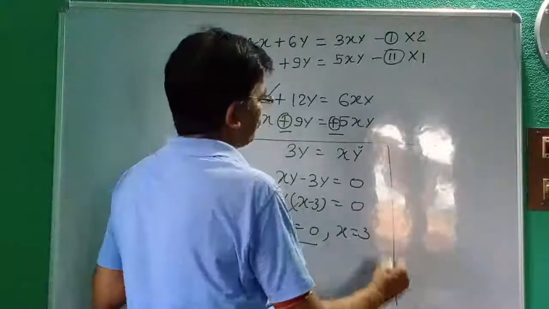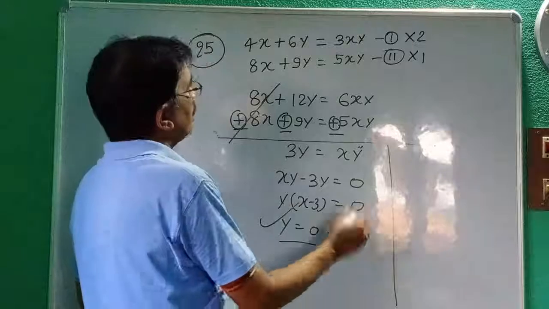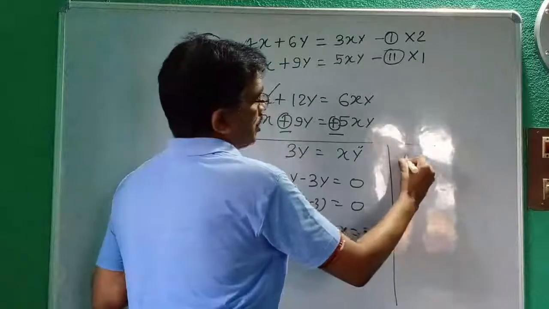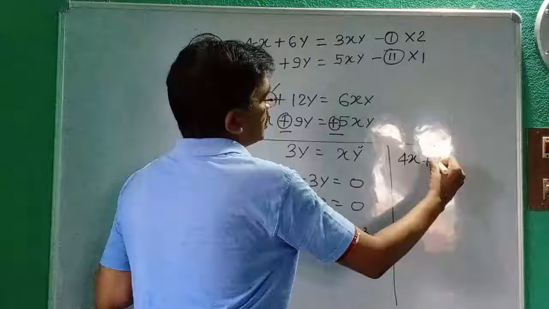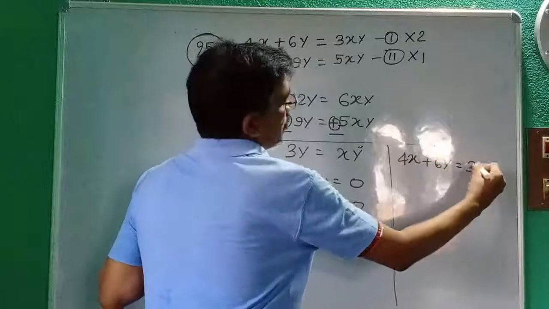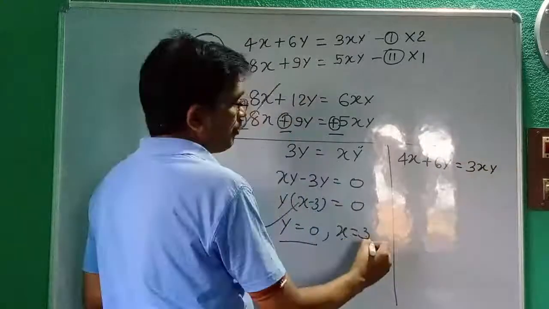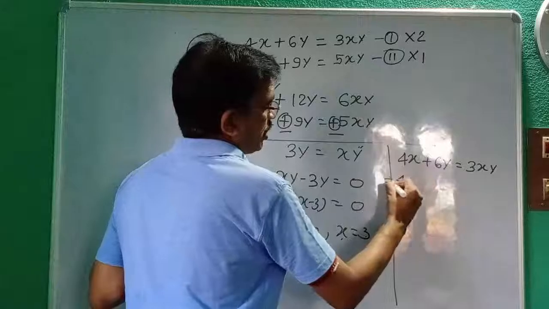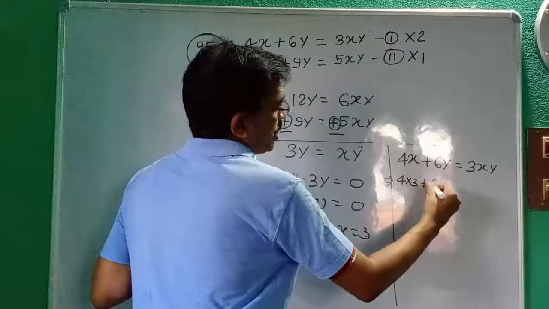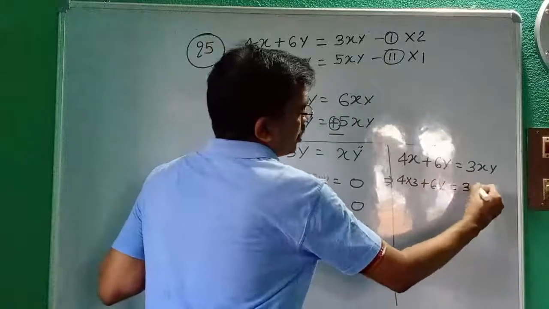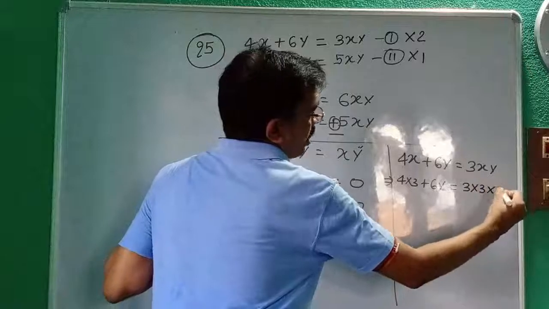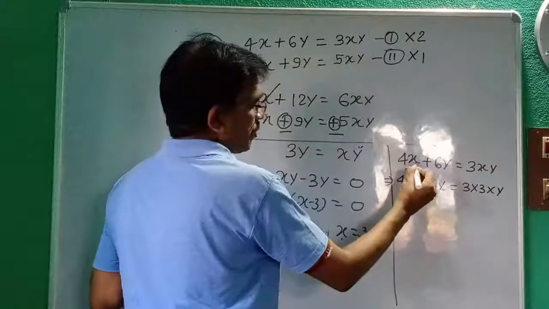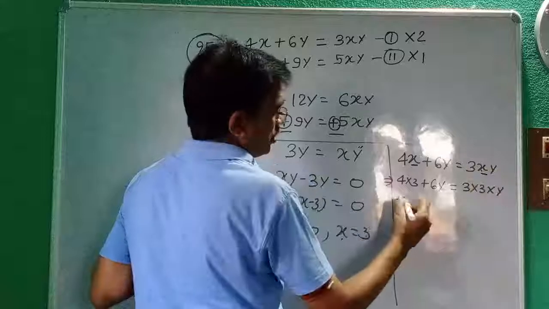Now if x is equal to 3, then put it in the first equation, then you get y. That is 4x plus 6y is equal to 3xy. The value of x is 3, so you write here 4 into 3 plus 6 into y is equal to 3 into 3 into y. The value of x is 3, I put it here and there also.